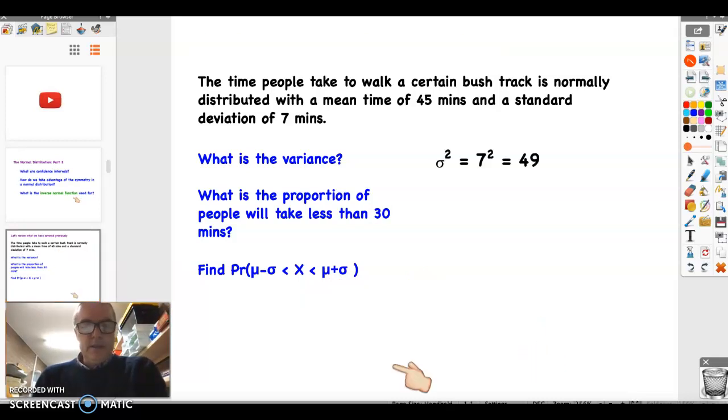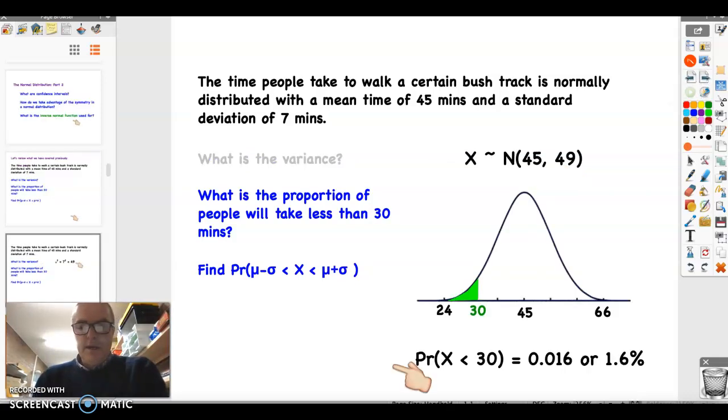The first question is an easy one. The standard deviation is 7 minutes. The variance is simply the square of that, so our variance is 49 for this distribution. Let's have a look at the second question. What proportion of people will take less than 30 minutes? Here we're looking at a sketch of the distribution.